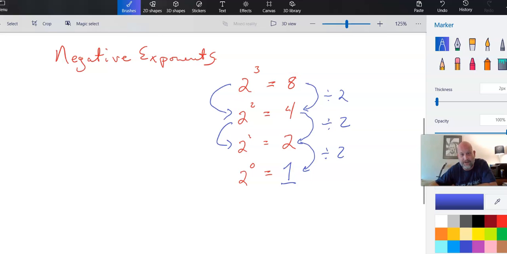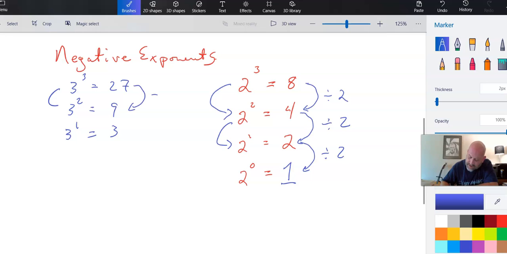And so 2 to the 0 is 1, which is kind of interesting. It actually turns out you can do the same thing no matter what number you're dealing with, right? 3 to the third is 27. 3 squared is 9. 3 to the first is 3, right? We still have the same pattern. If I go from 27 to 9, I'm dividing by the base. From 9 to 3, I'm dividing by the base.